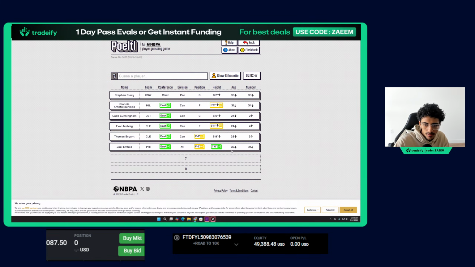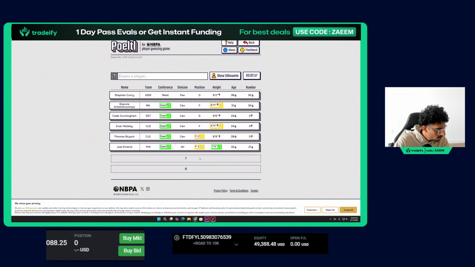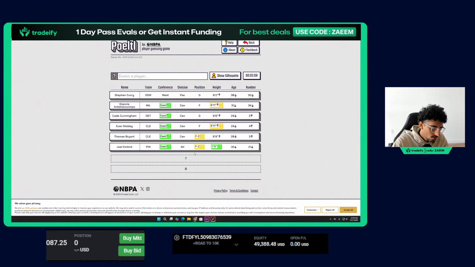Okay, Embiid. We need 7 footers. But like, bro, what is this age range? Are they just super young? Who's that guy on the Bulls? Hold on.